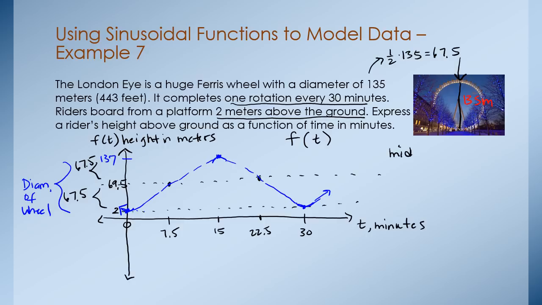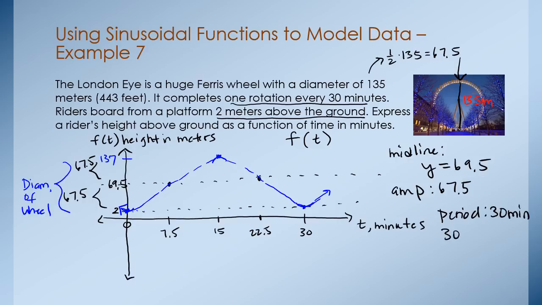We said that the midline is y equals 69.5. We said that from that midline we go up and down 67.5, so that's my amplitude. My period is 30 minutes. That's how often I repeat.